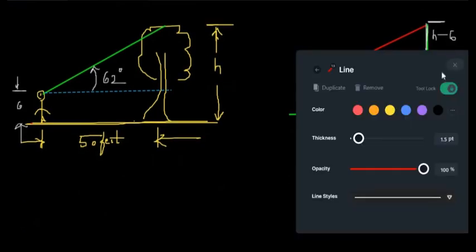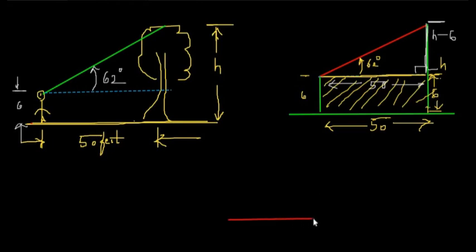So here we have a right angled triangle given this way. I'm drawing this right angle triangle once more. So this is the angle as 62 degrees. The base is 50 and the height is h minus 6 for this right angle triangle.